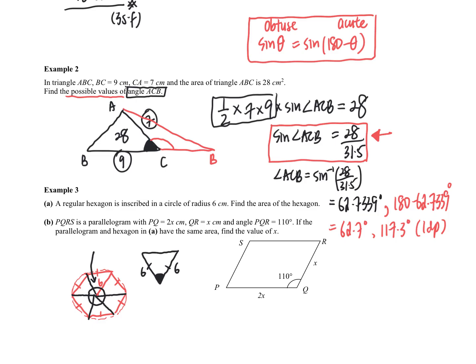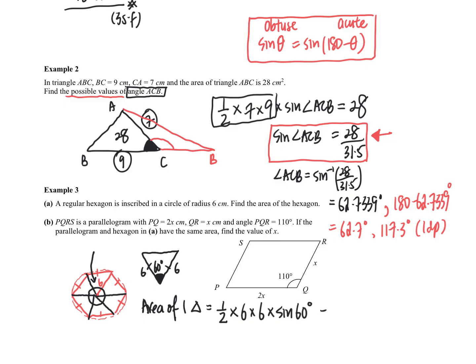If this is 60, isosceles, it is actually equilateral because all are 60. But once we have these two sides, we are done. Area of one triangle is just half AB sine of the included angle.